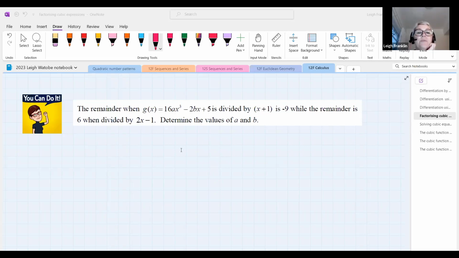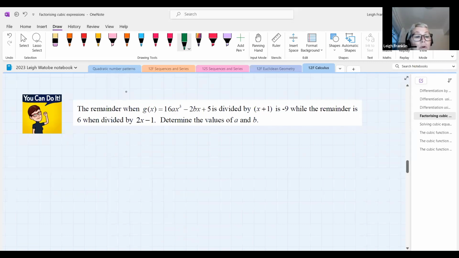Exactly. We need to solve simultaneously, and if we solve simultaneously, it means that we need two equations. So let's figure out how we're going to make our two equations.